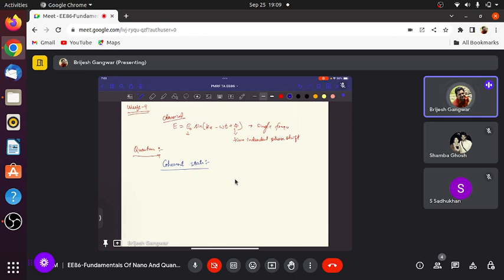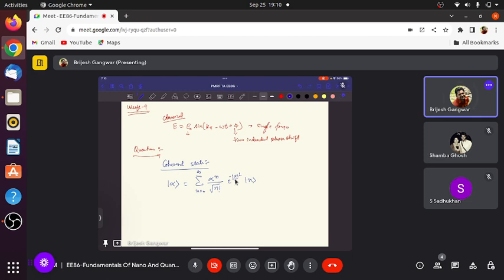So analogous to that, let's say some state alpha is denoted by a coherent state, and it is described by the summation over n equal to 0 to infinity of alpha to the power n over root n factorial, times e to the power minus alpha square by 2, times some arbitrary state, let's say n.